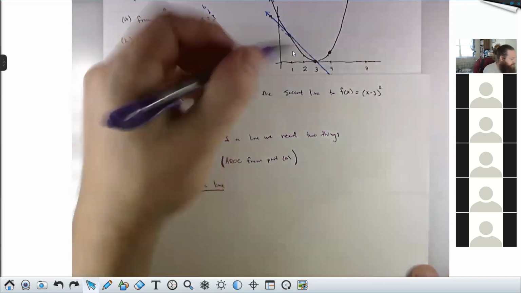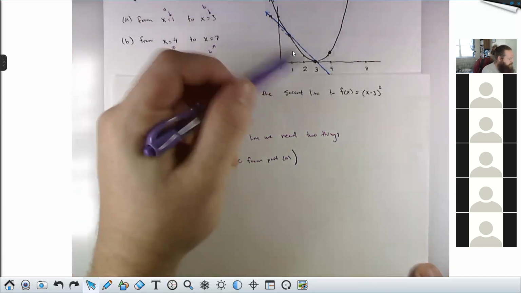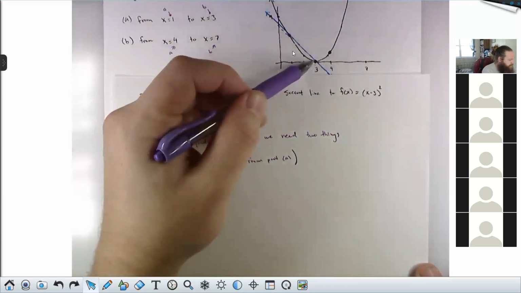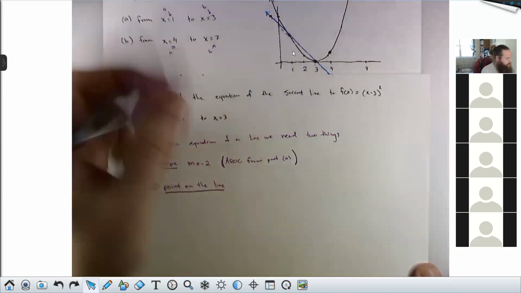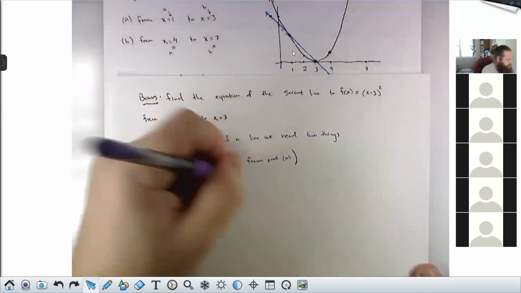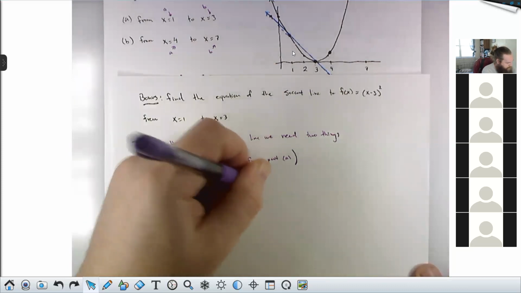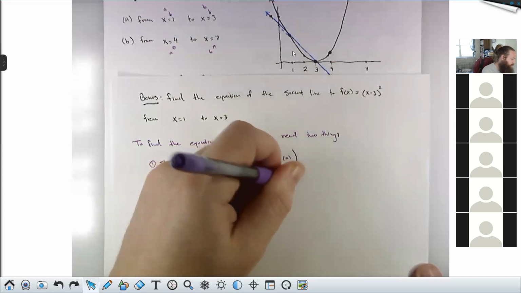Rather than trying to guess, say, I go over 1, I go up 2, I can just take any point that I know is on the line. Here, one very obvious point on the blue line is 3, 0. So I'll call it just x1, y1, 3, 0.